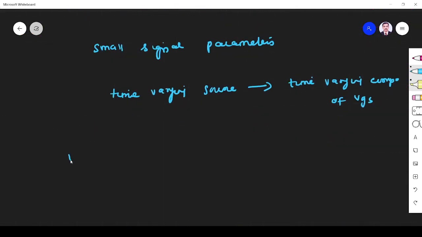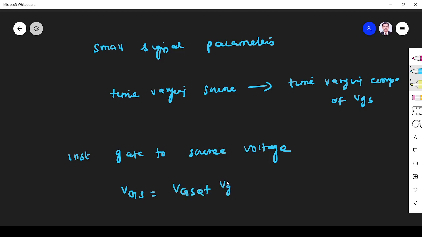We know that instantaneous gate to source voltage is given by VGS, that is the sum of DC VGSQ plus the signal. Yes or no? This is easy.